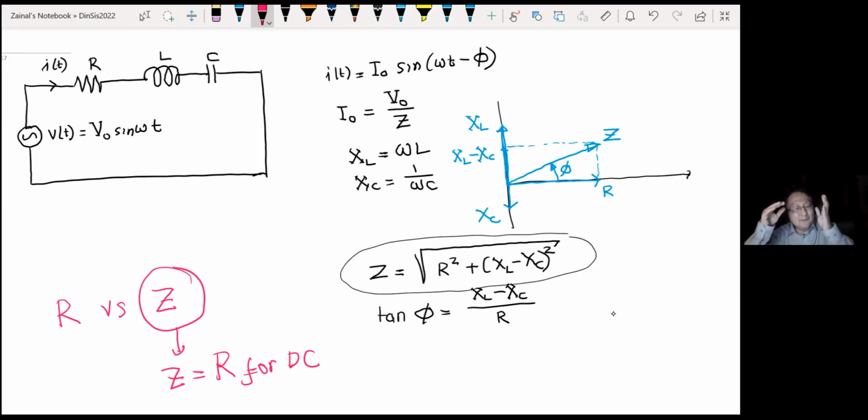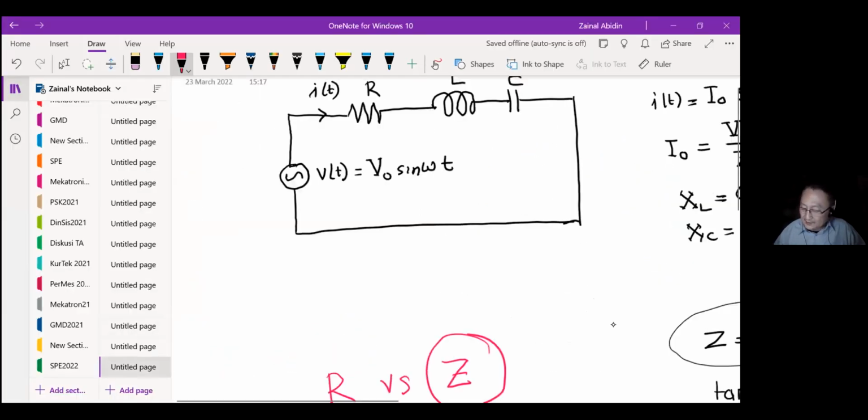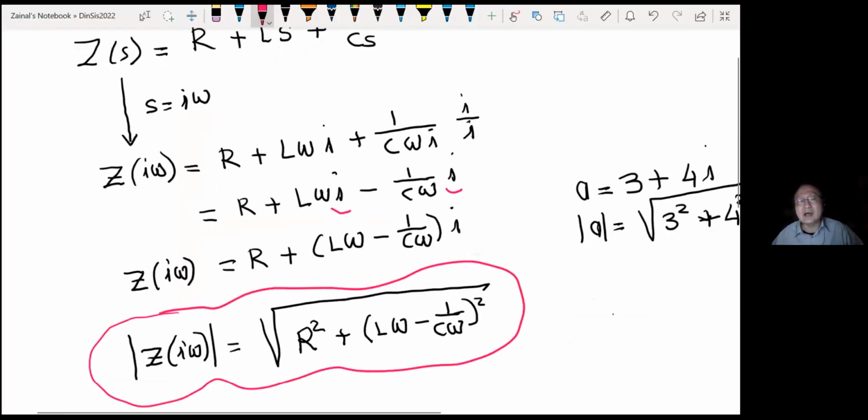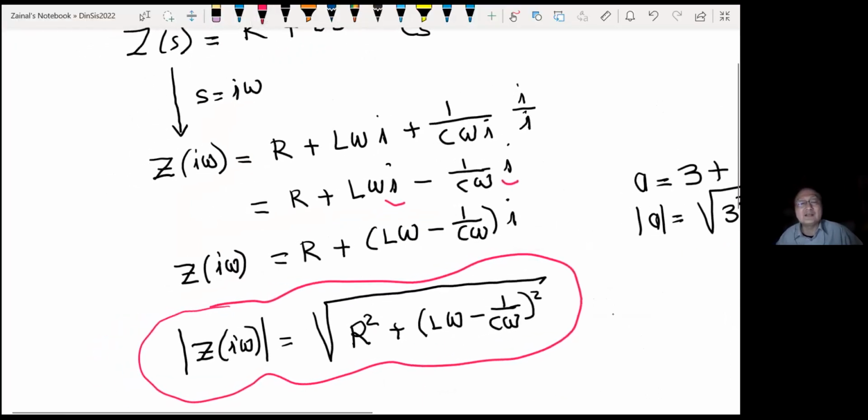So impedance is the general form, while resistance is only for DC. Impedance is valid for AC as well as DC. Any question? Ada yang Anda mau tanyakan? Jadi rumus ini sekarang kita tahu, oh itu dapatnya dari situ, ternyata benar.